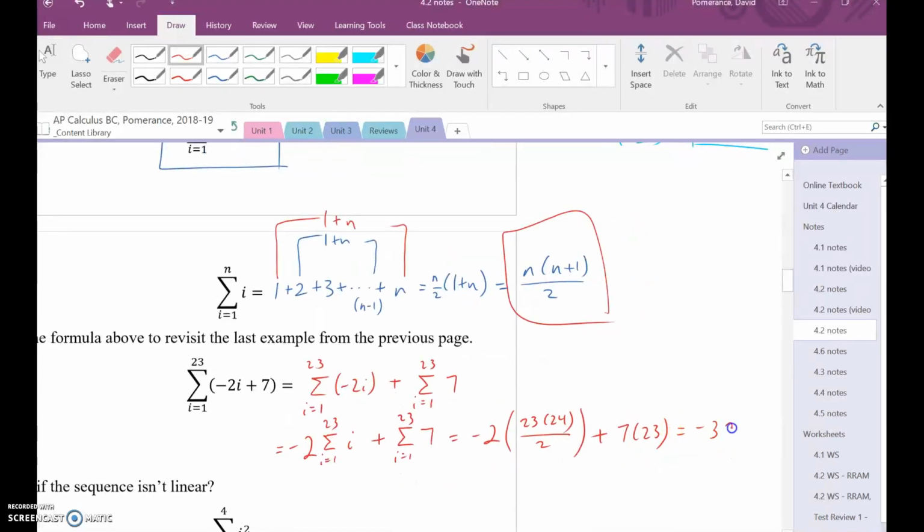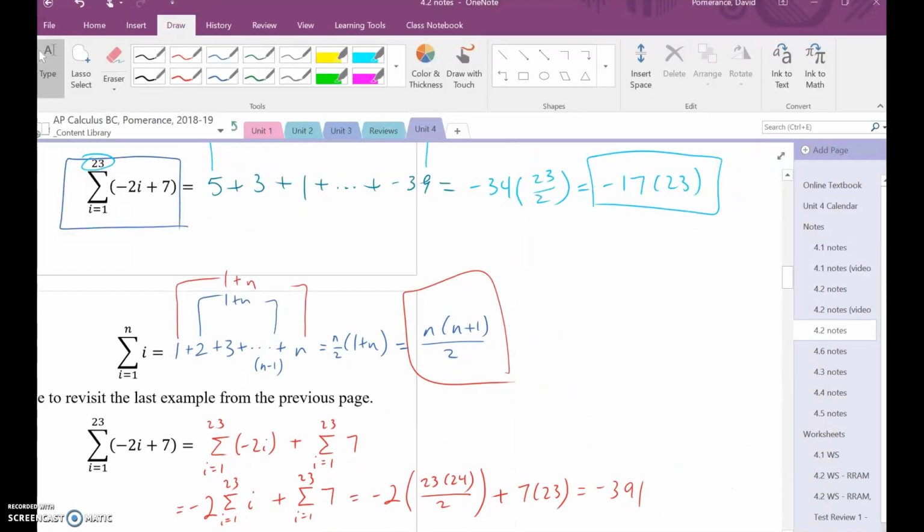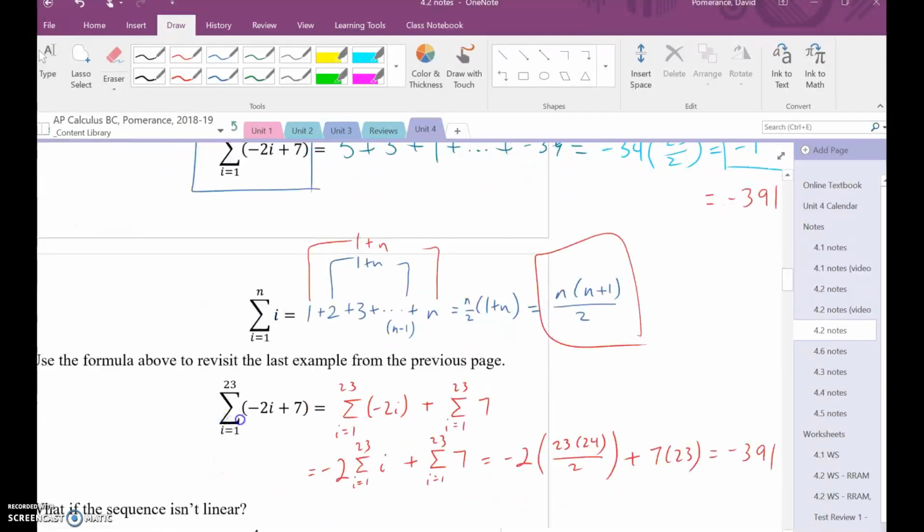And if we did everything correctly, that should match the answer up here, which is negative 17 times 23. Thankfully, we get negative 391 for both of those. So this is another way that we can deal with linear summations.